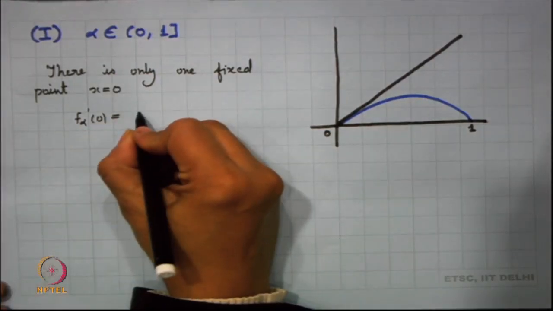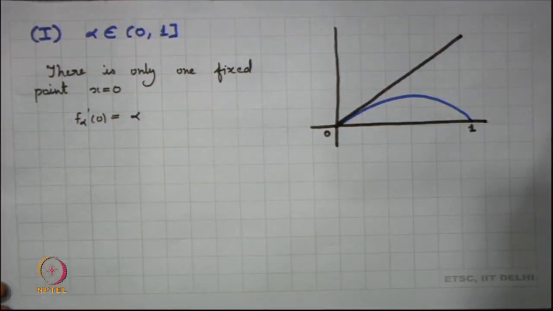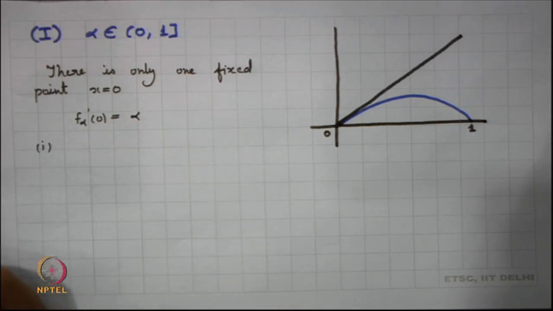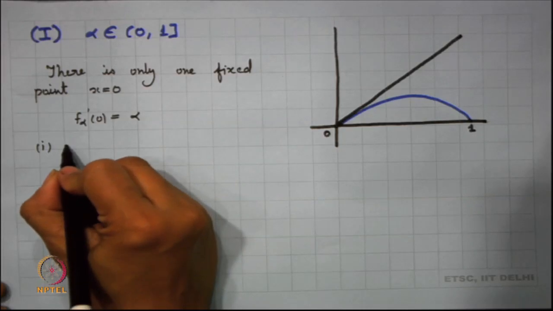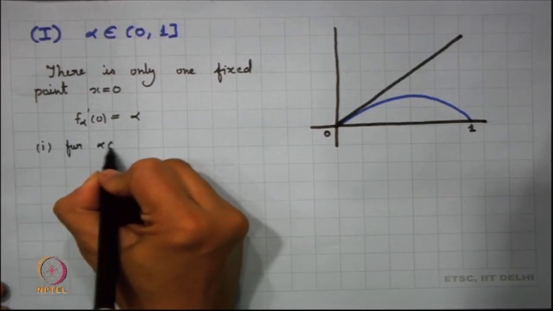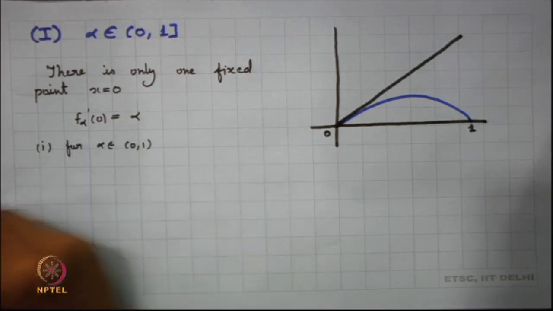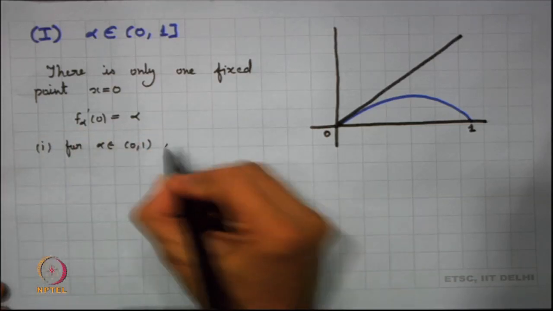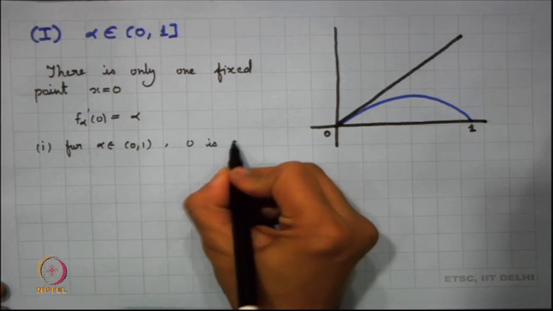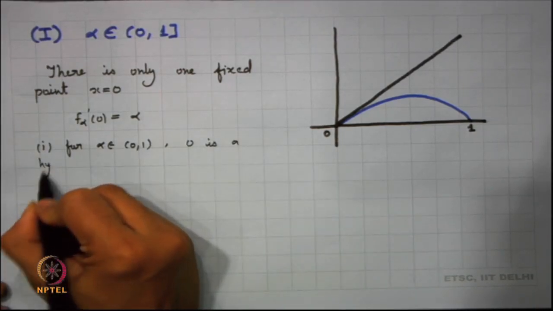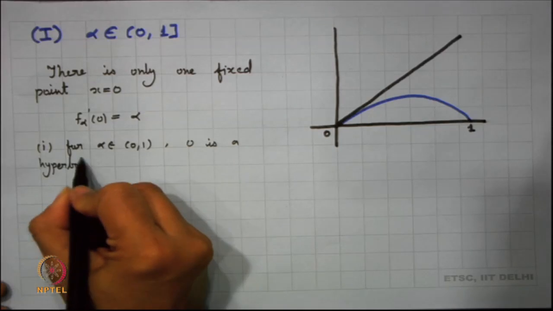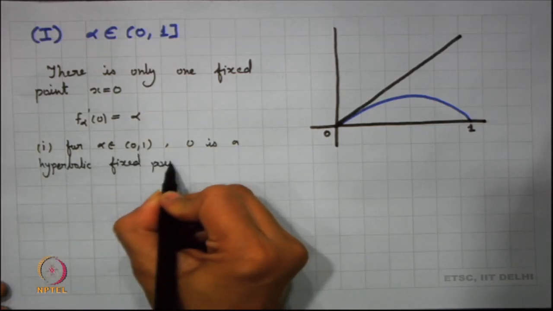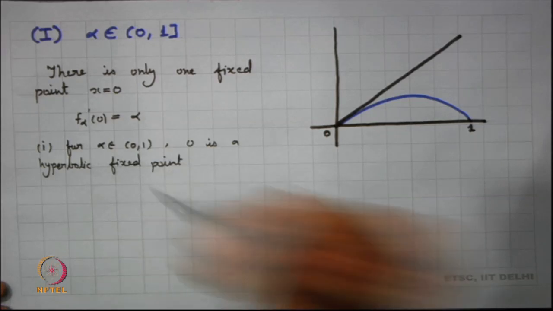And hence our first observation is that when alpha belongs to (0, 1), this modulus will be less than 1. So 0 is a hyperbolic fixed point, and it is also a sink.